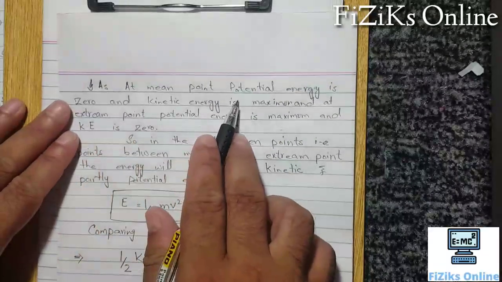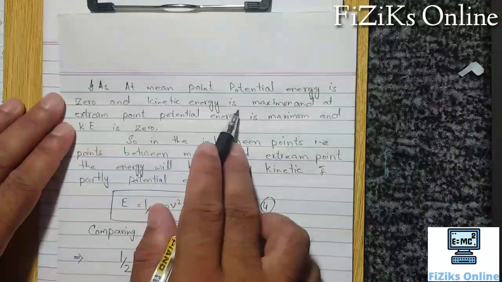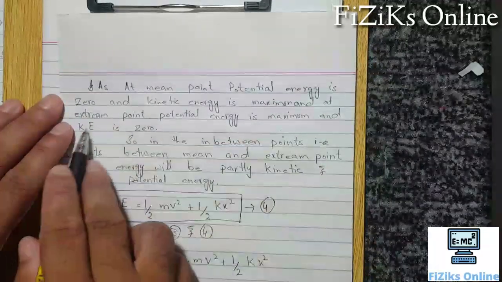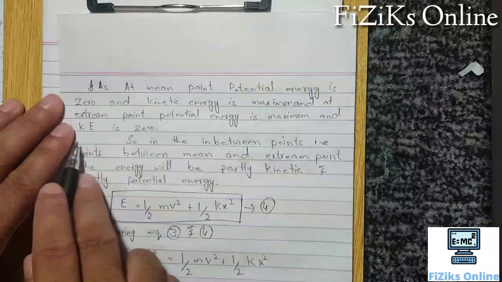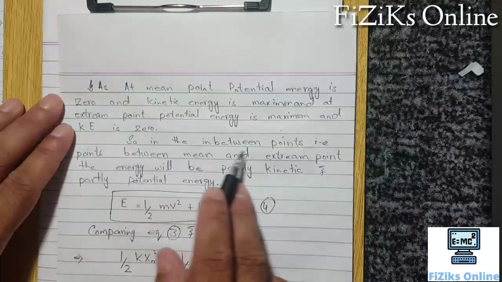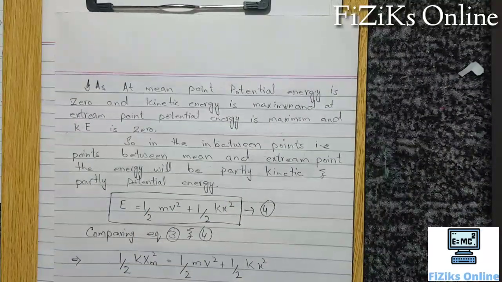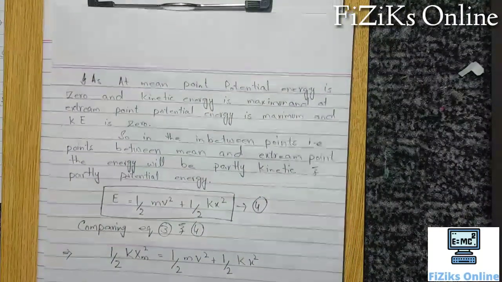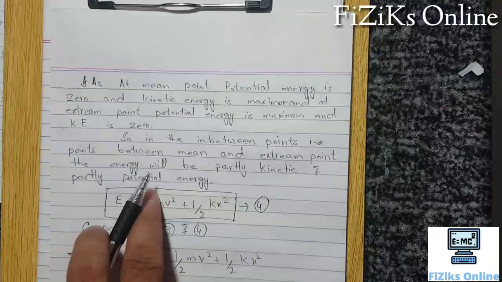At mean position, the potential energy is 0 and kinetic energy is maximum, and at extreme point potential energy is maximum and kinetic energy is 0. So at in-between points, for example the points other than mean and extreme position, the energy will be partly kinetic and partly potential energy.